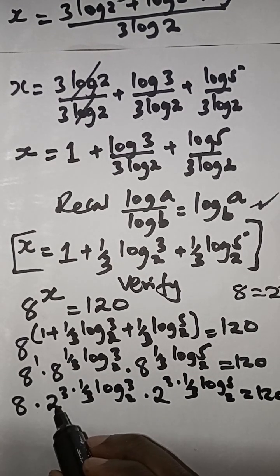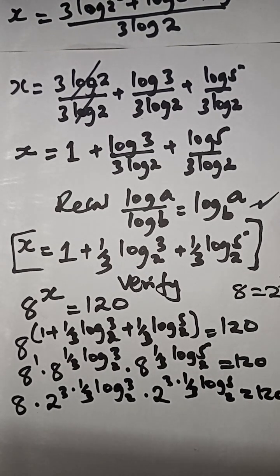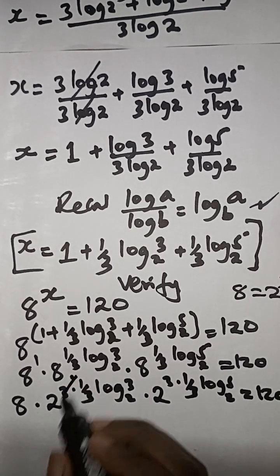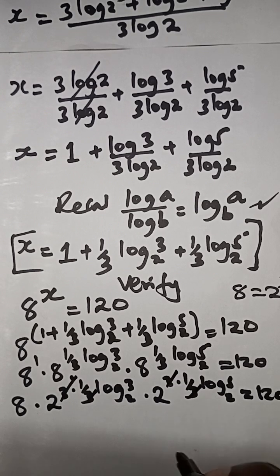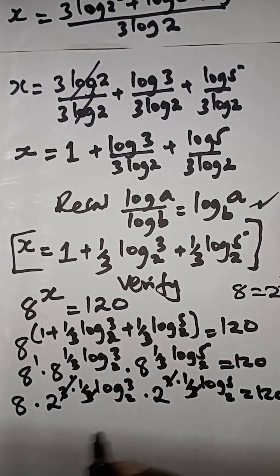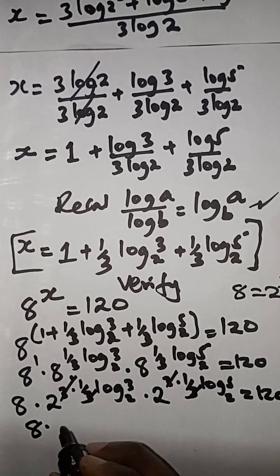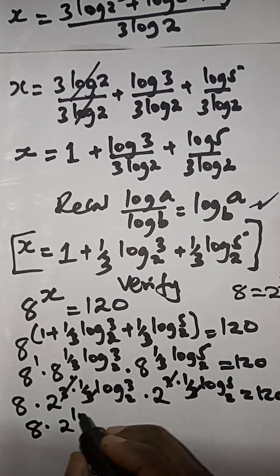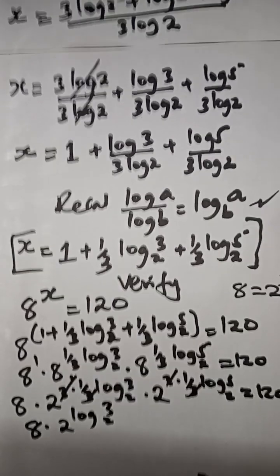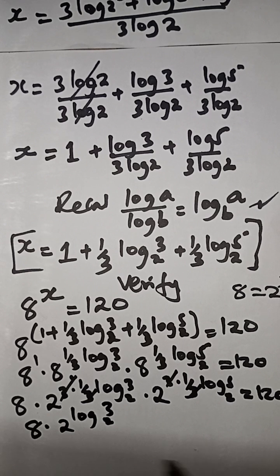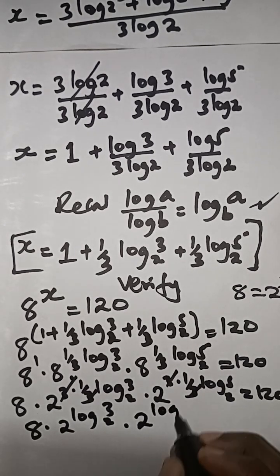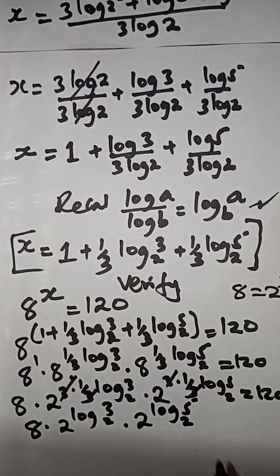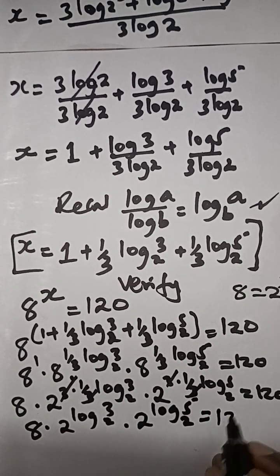Of course, it is very easy to see that a third multiplied by 3 cancels, so that I'm going to end up with 8 multiplied by 2 to the log of 3 base 2 multiplied by again 2 to the power of log 5 base 2 should give me 120.